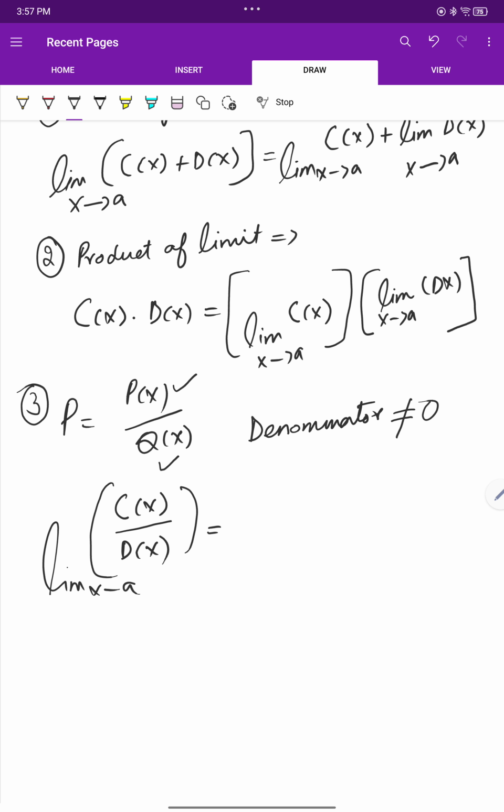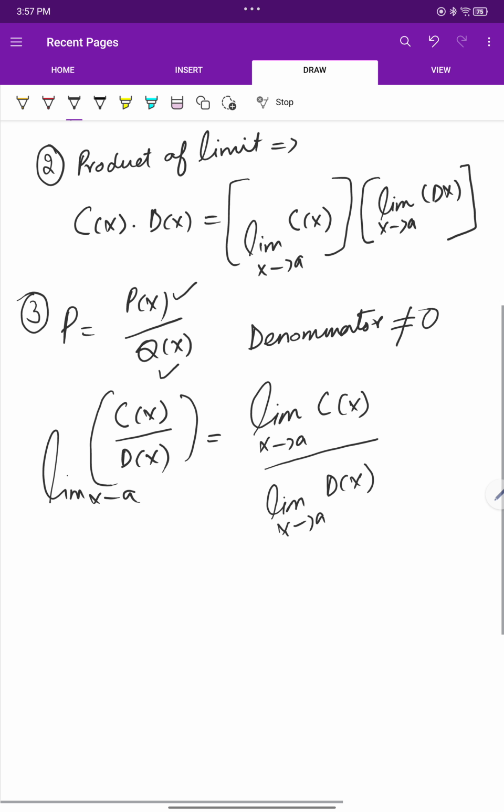It's easy, but just remember it: limit x tends to a of the numerator, divided by the limit of the denominator. Sometimes students get a little confused about how to apply the limit in integration and derivation in calculus.